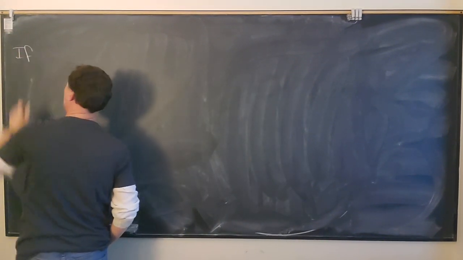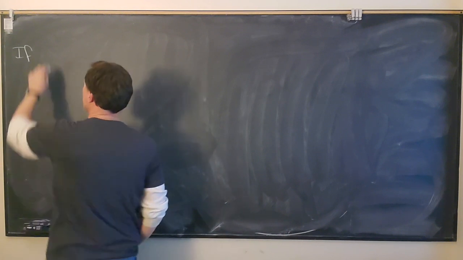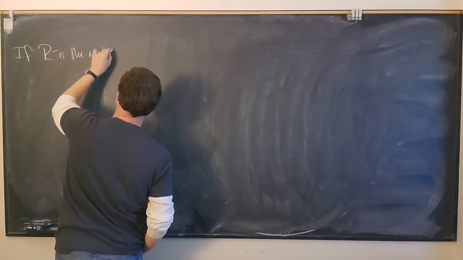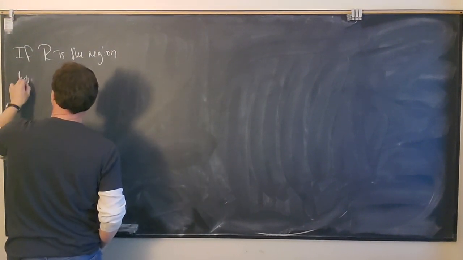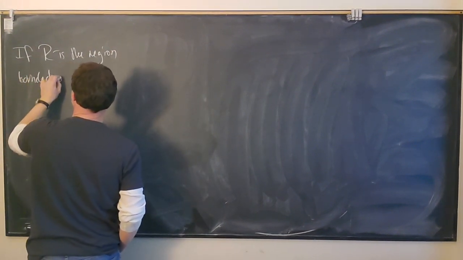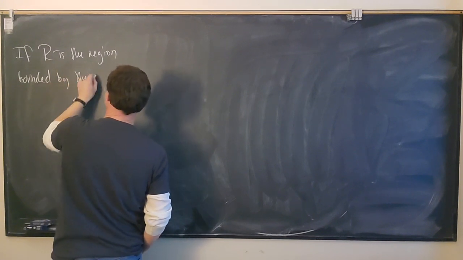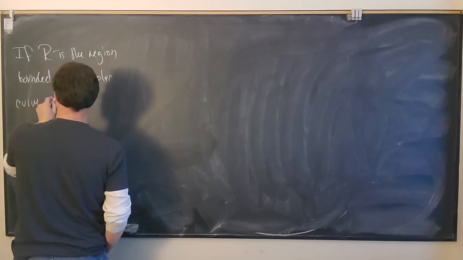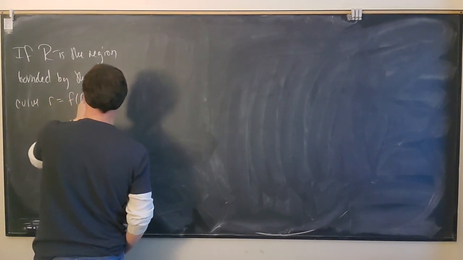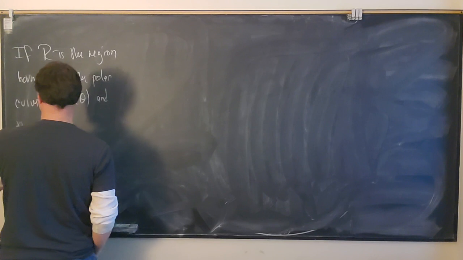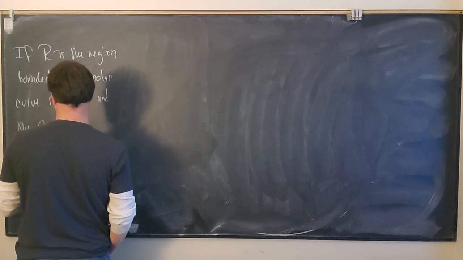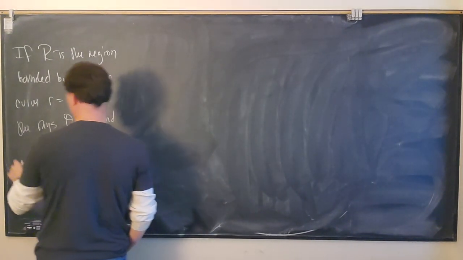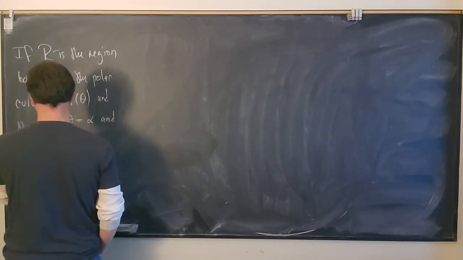So let's say we have a polar curve, and R is the region bounded by the polar curve, say r equals f of theta, and the rays theta equals alpha and theta equals beta.